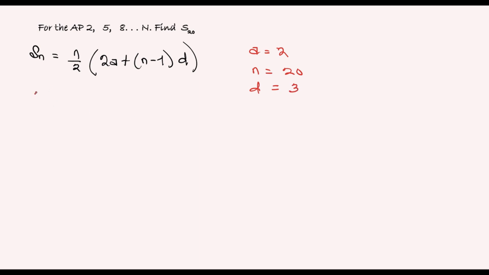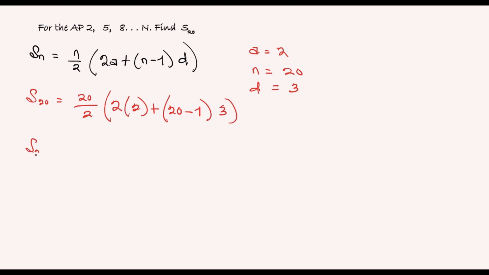So let's go ahead. S20 is equal to 20 over 2, 2 multiplied by a, which is 2, plus (n, which is 20, minus 1), multiplied by our d, which is 3.